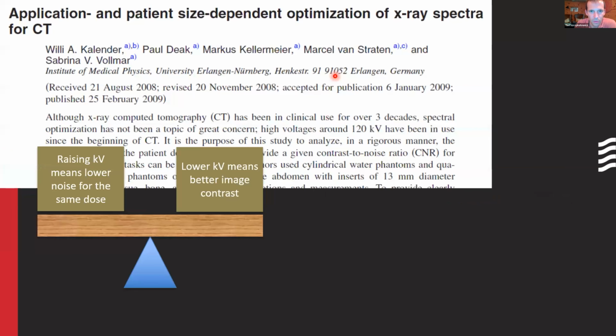This is how I like to think of kV. This is a pretty early, pretty foundational paper for understanding beam energy. When we're changing beam energy or kV, I think the 2 things we should be thinking about are that when we raise kV, we're going to be lowering the noise for the same dose usually, and when we lower the kV, we can get better image contrast, and a lot better image contrast if there's iodine on board, and maybe slightly better for most of the other soft tissues.